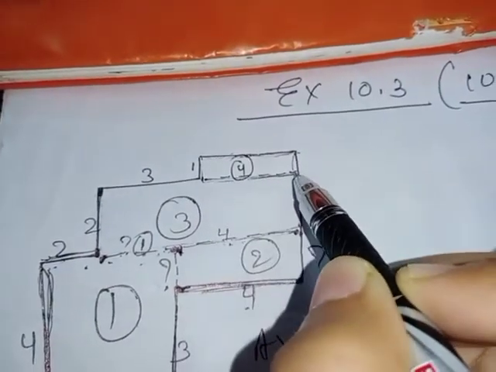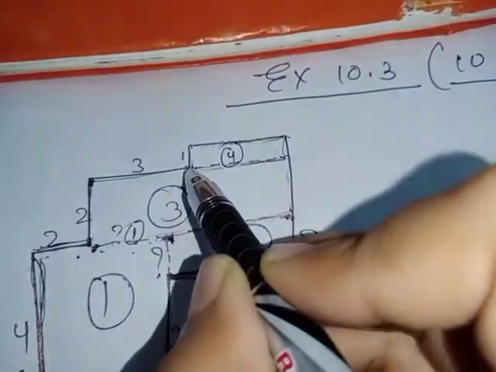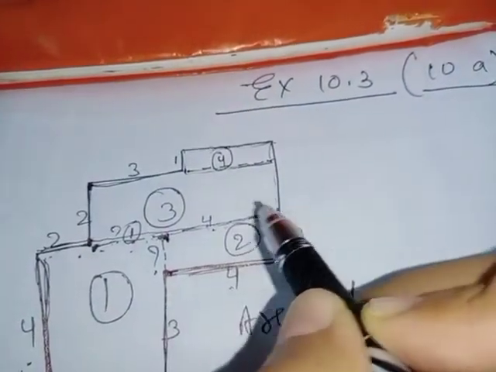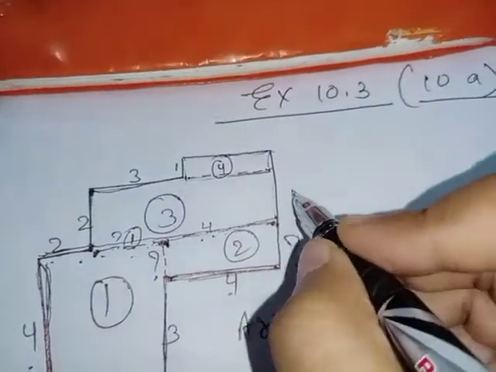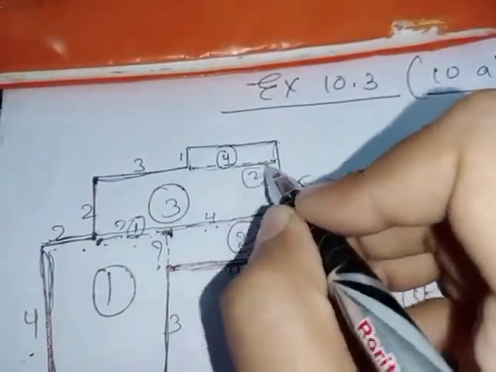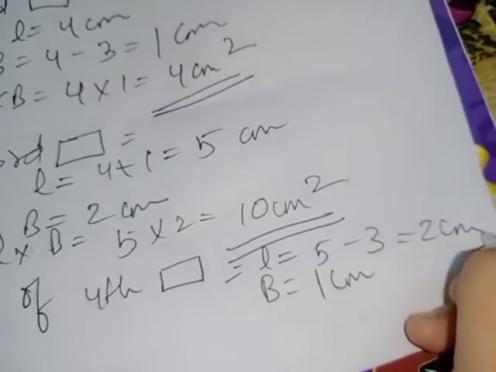But in our figure we have this much 3 and this complete as 5. 4 and 1 is 5. So 3 and 5, can we subtract to get this as 2? Yes, we can do. So length we will write here 5 minus 3 equal 2 centimeter. I hope clear again. Very simple.